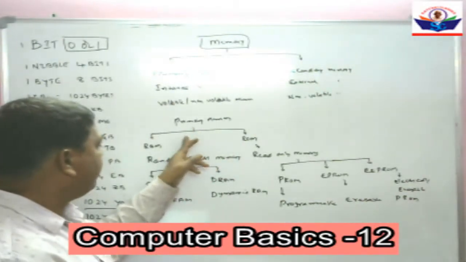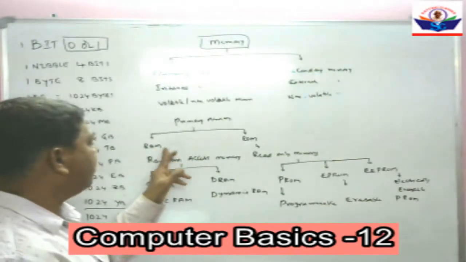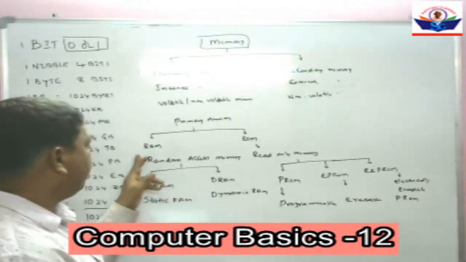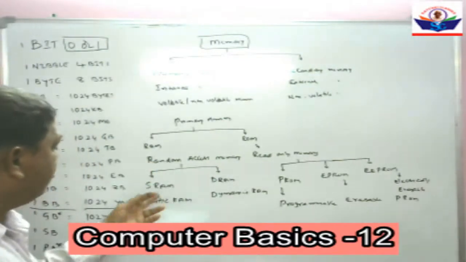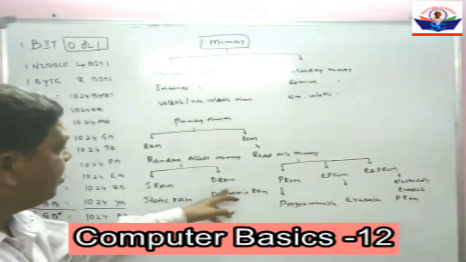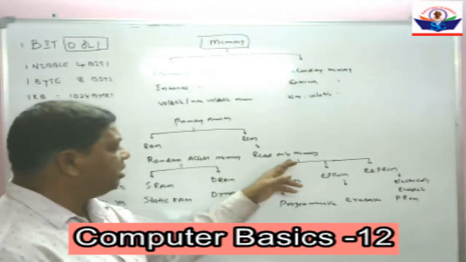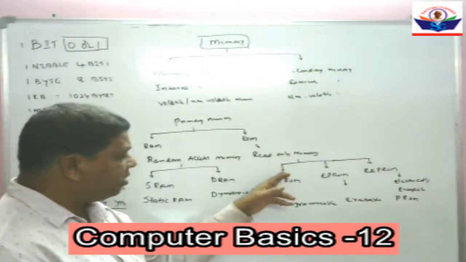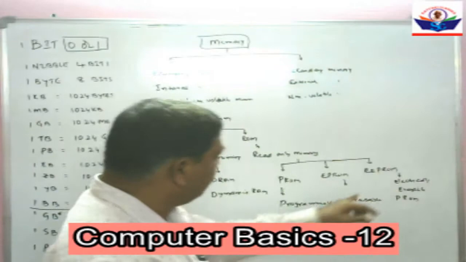Under primary memory, we have two types, RAM and ROM. Under RAM, we have two types of memories, SRAM and DRAM. ROM is called read-only memory. Under ROM, we have PROM, EPROM, EEPROM.